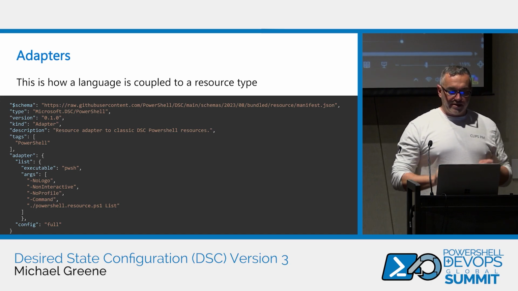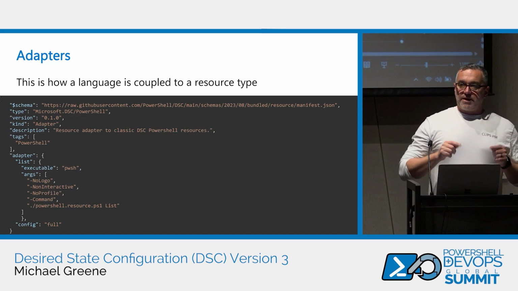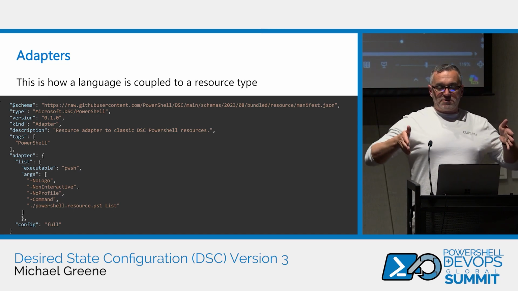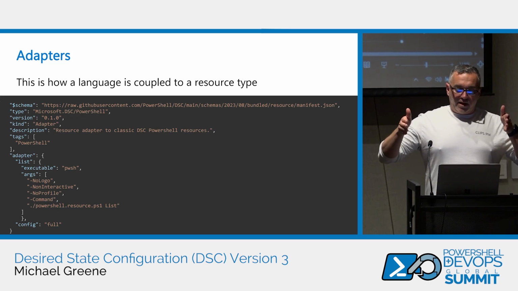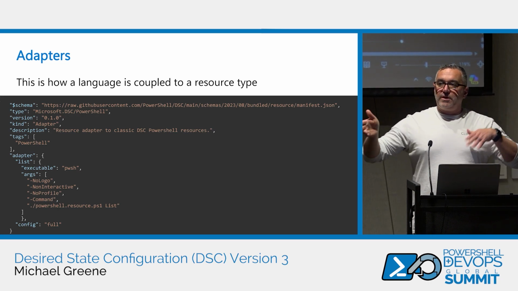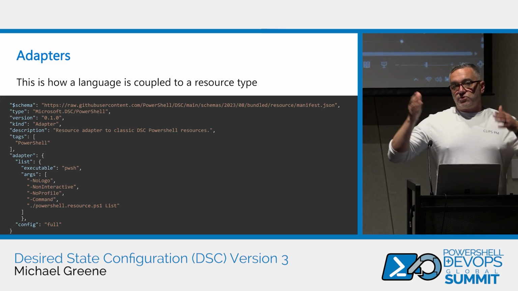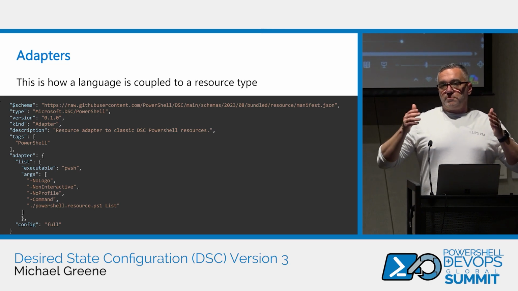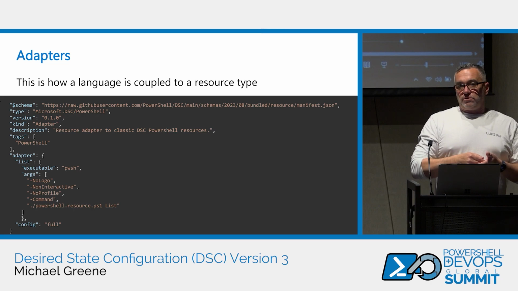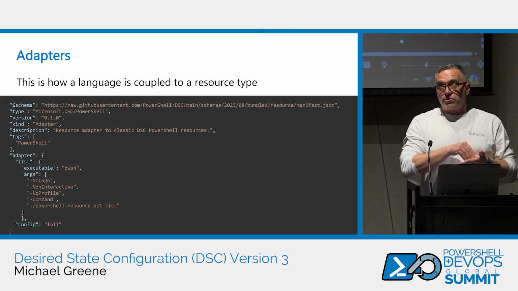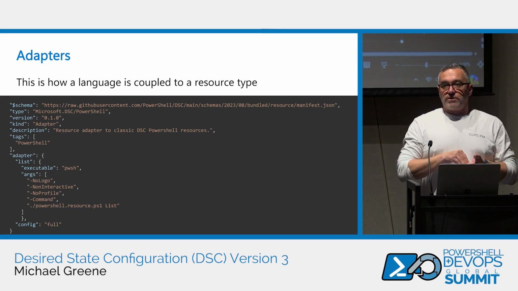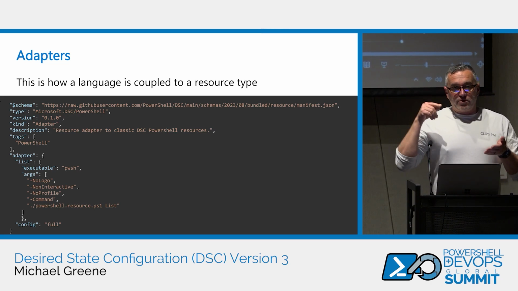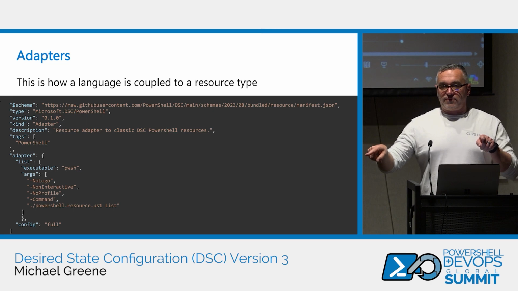So in this case, the adapter type is Microsoft.DSC, which is the namespace that we're going to reserve for the stuff that we're shipping in DSC v3, and it's /PowerShell. I also have one checked in for /Windows PowerShell, which means you can control both in the resource when you write it and when you call DSC, depending on how you want to do it, and tell it, I want you to run this in PowerShell 7 or PowerShell 5.